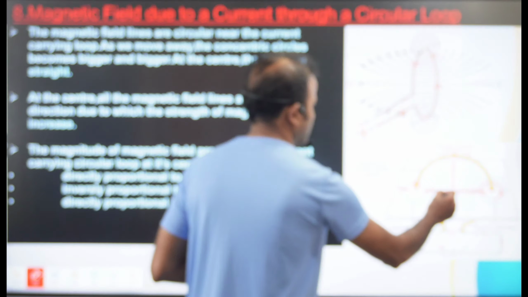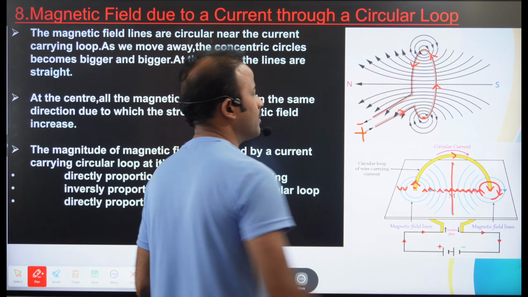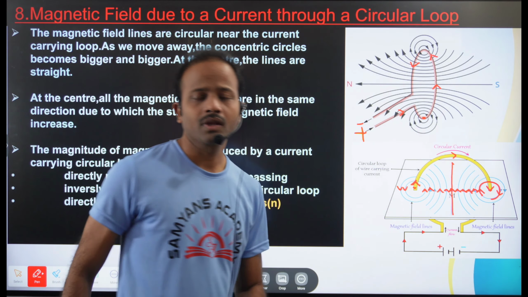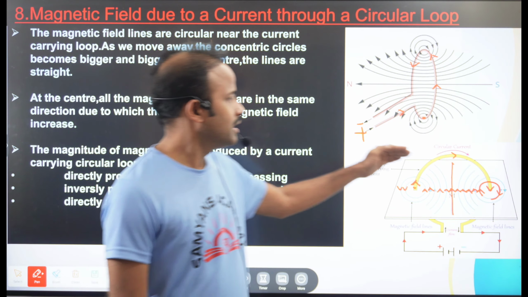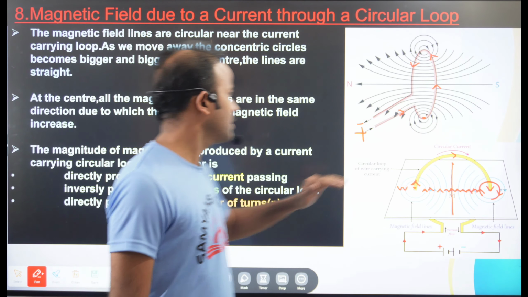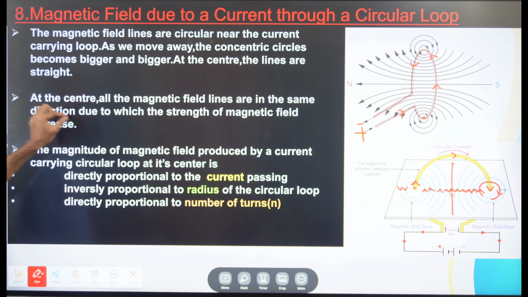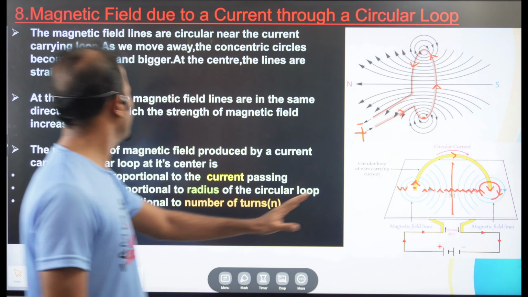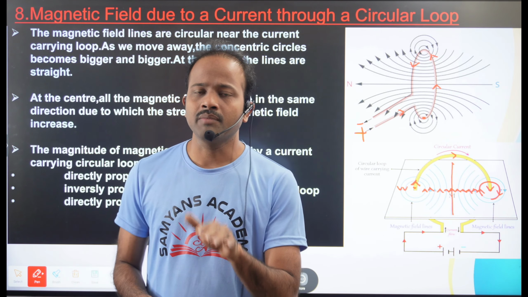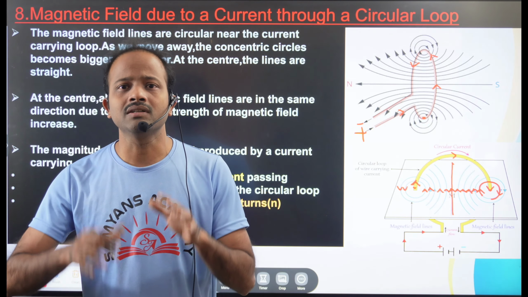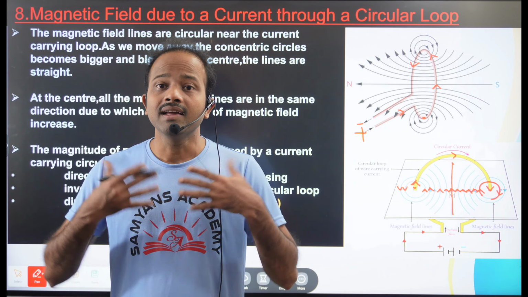The direction of all field lines at the center is the same. Due to this, the strength of the magnetic field increases.